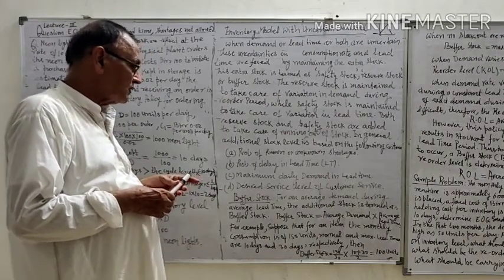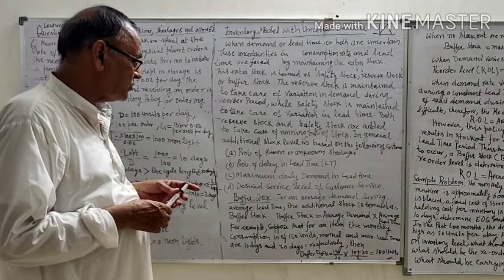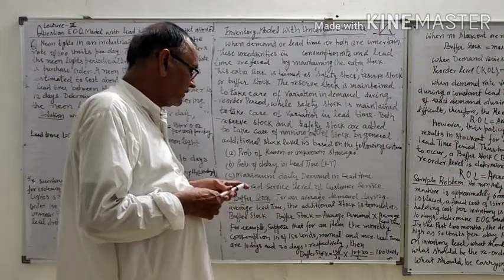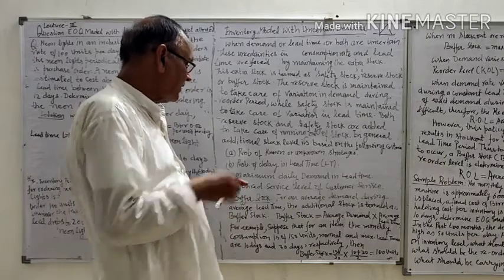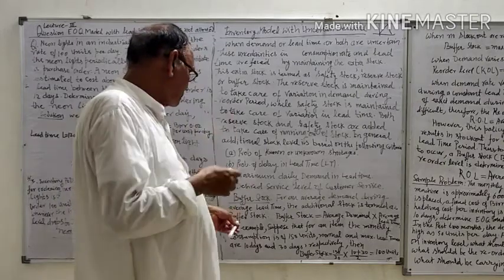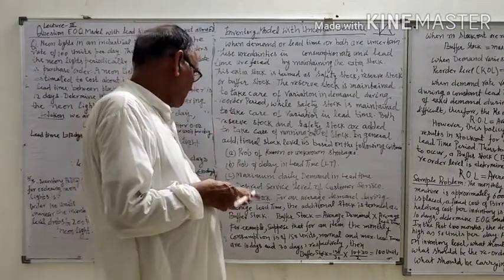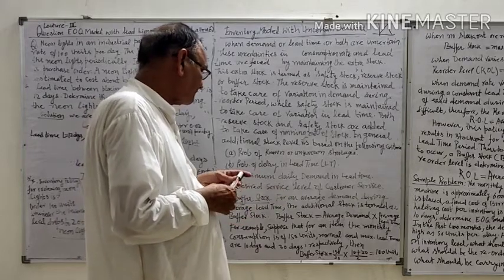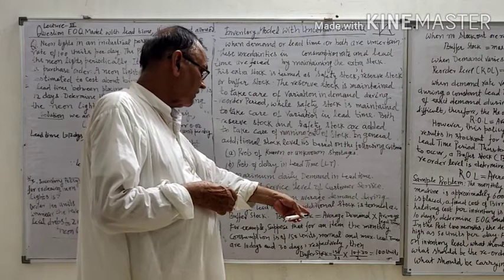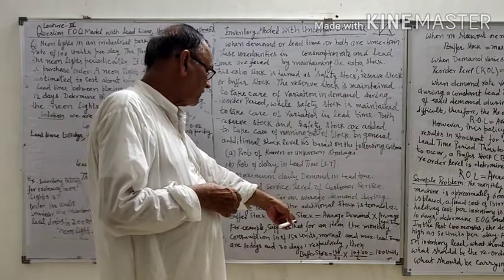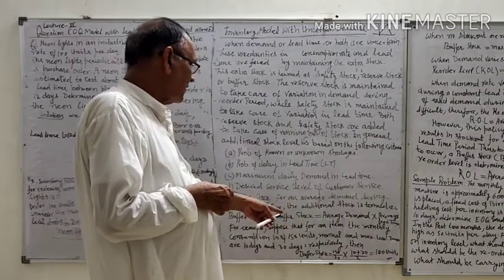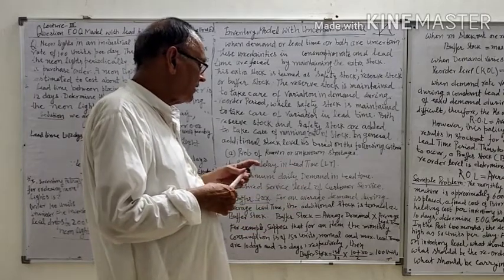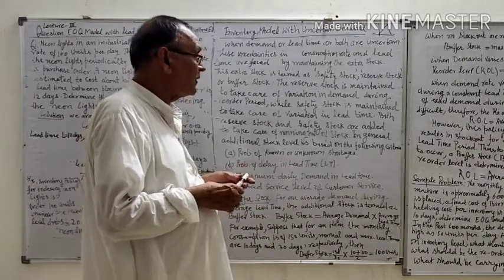Then buffer stock will be equal to average demand, 150 by 30, times average lead time, which is (10 plus 30) divided by 2. The product of these two quantities, average demand and average lead time, gives us the buffer stock.